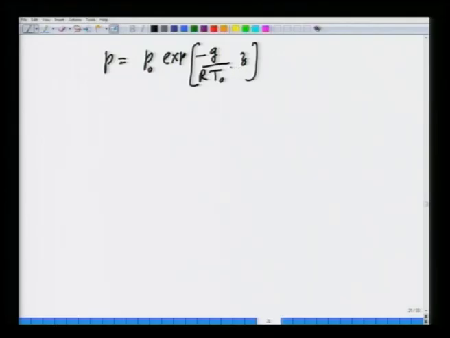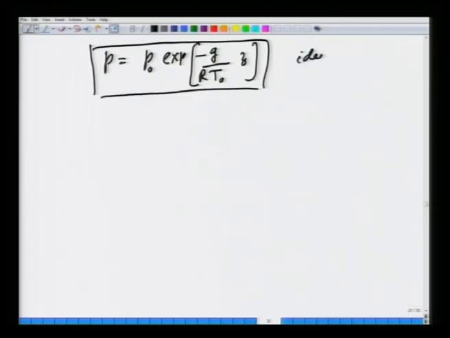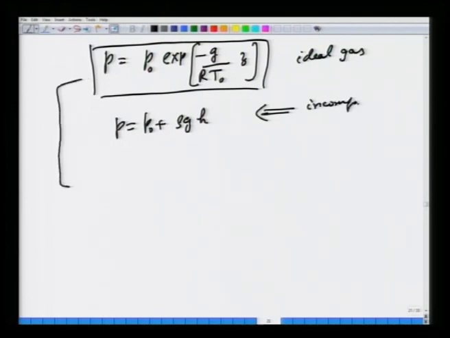Now, this is for ideal gas, and P is P naught plus rho g h is for incompressible. Now, this expression can be simplified when g z by R T naught is much less than 1.